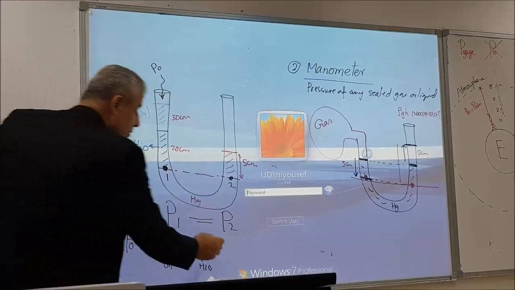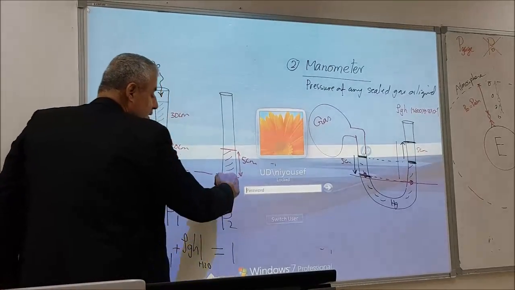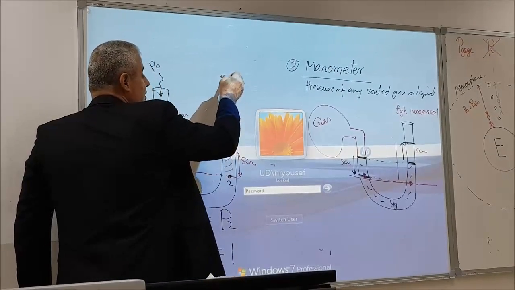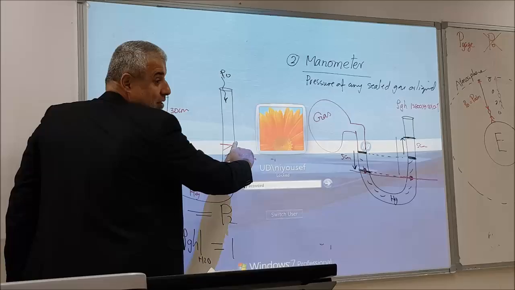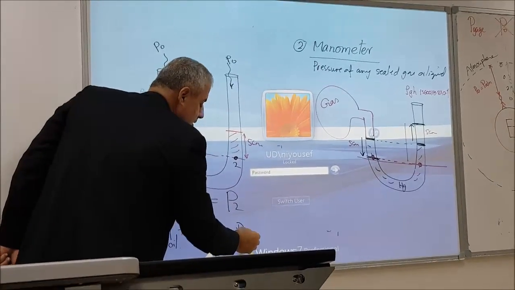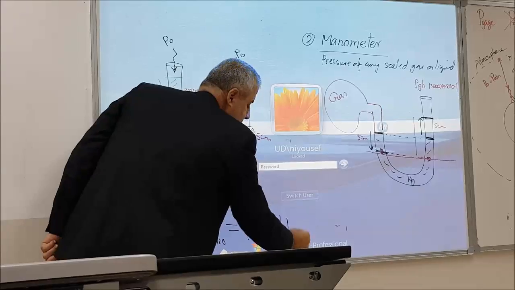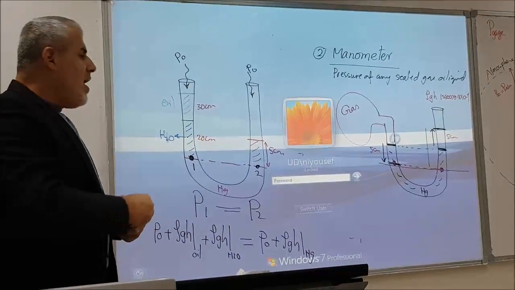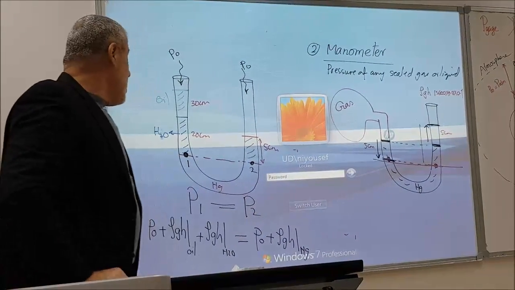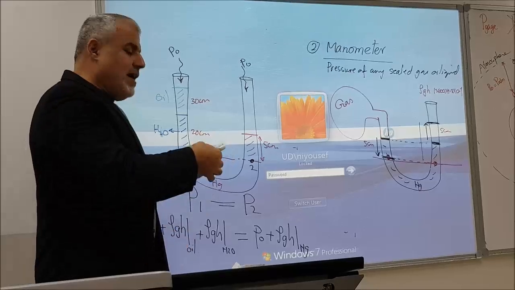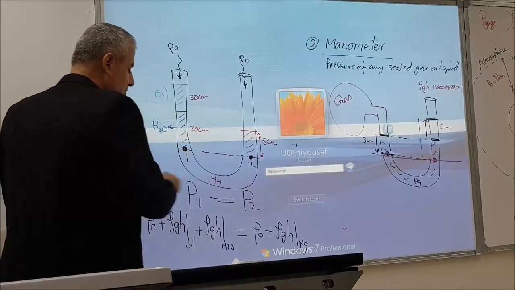But equal, this P2, we have atmospheric and we have only 5 centimeter of mercury, equal P0 plus rho g h of mercury. Okay? They are equivalent.